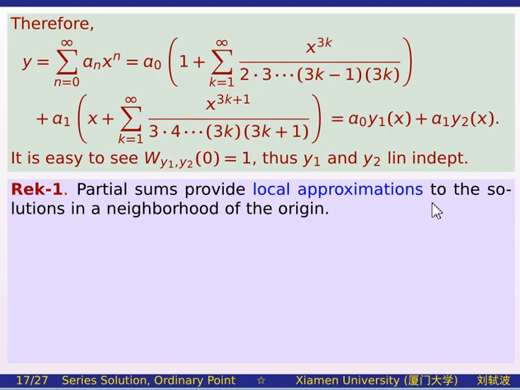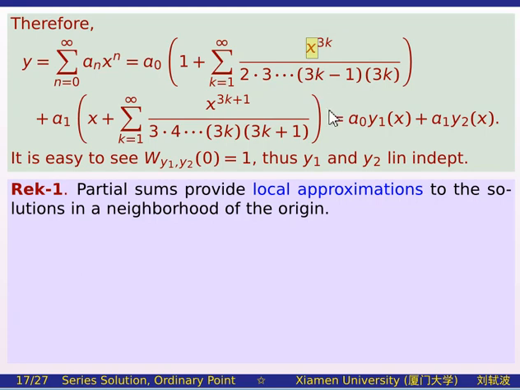Okay. So the solutions are presented by a power series. Of course, in practical computation, we could not compute infinitely many terms, so we can only compute finitely many terms. So this is the partial sum. The partial sum provides a local approximation for the solution in the neighborhood of the origin, because our power series is about x equal to 0. If the power series is about x equal to x0, then the x here should be x minus x0.